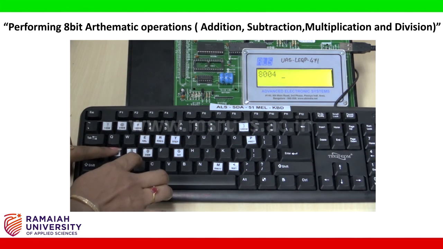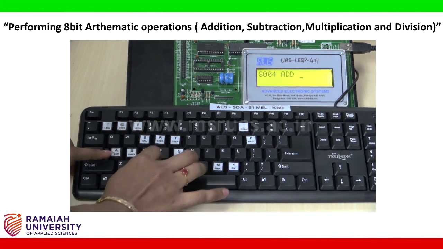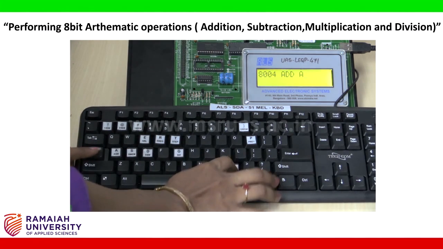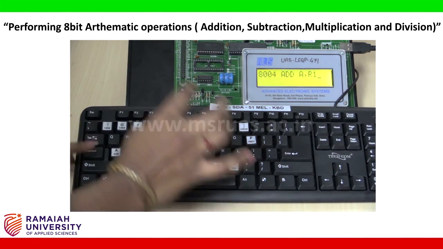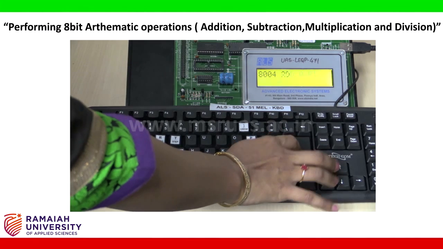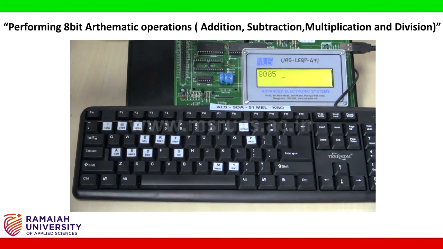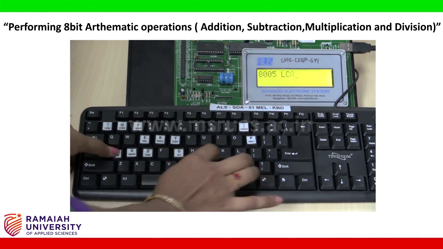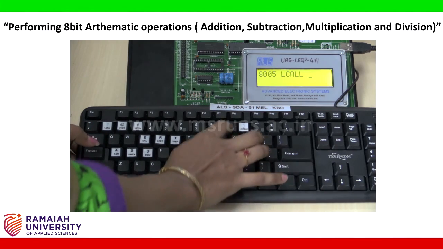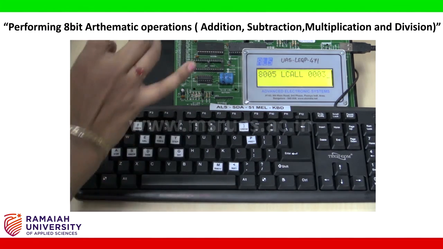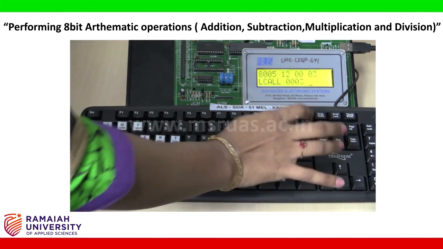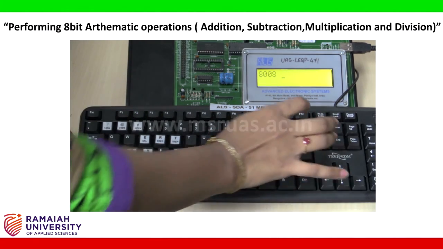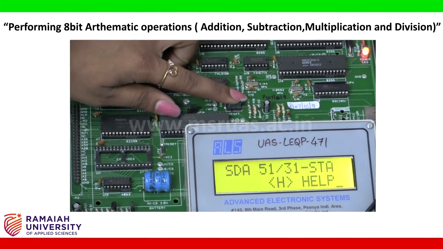Then ADD A, R1. Give enter so that your result will be stored in your accumulator. Now give LCALL space 0003. Then give enter. Once this is done, give reset.